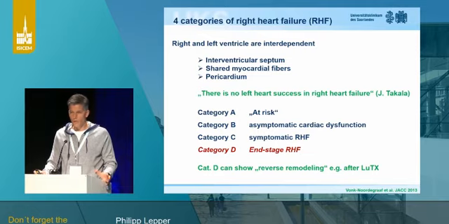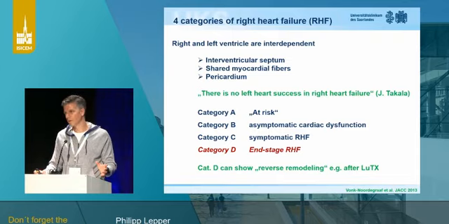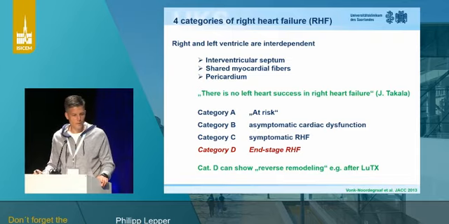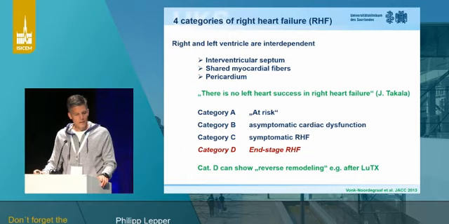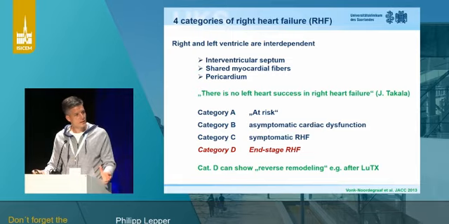So there is no left heart success in right heart failure, and I'm not sure if this was correctly attributed to Professor Takala, but I heard it from him. And in a recent publication from the Netherlands, there were 4 categories for right heart failure defined, and I would assume that patients on the intensive care unit are generally at risk, so there's probably no patient that's not at risk.